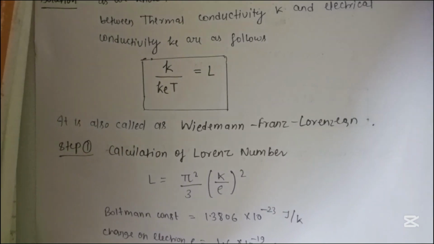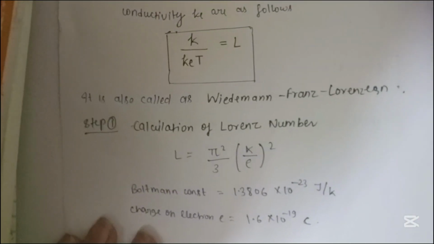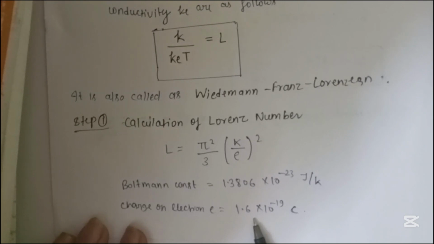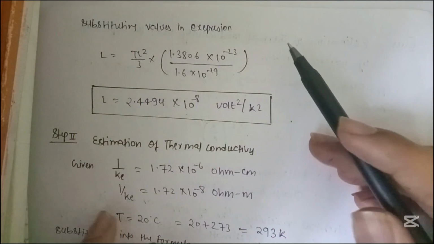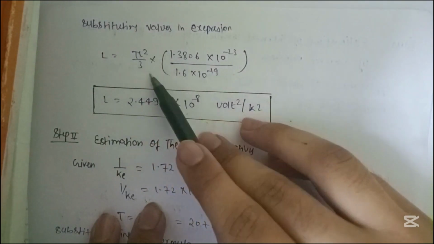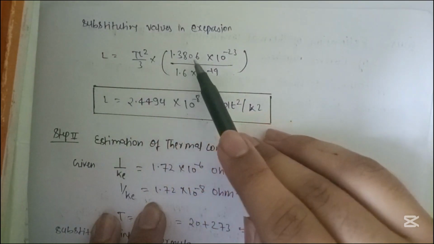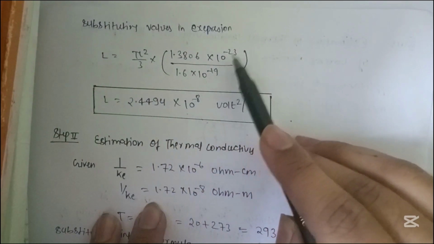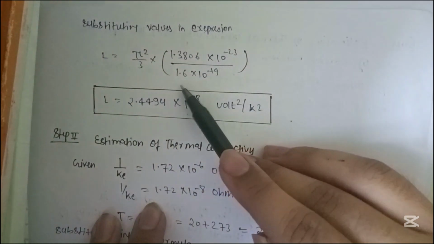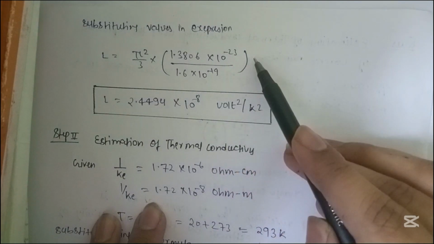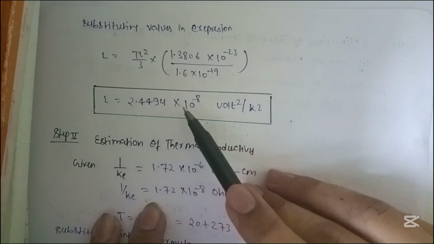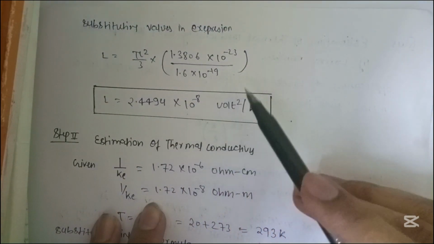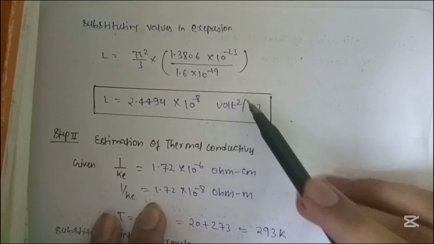And we also know the charge on the electron, 1.6 into 10 to the power minus 19 coulomb. Substitute all values in the expression of Lorentz number. So L equal to pi square by 3 into 1.3806 into 10 to the power minus 23 upon 1.6 into 10 to the power minus 19, and we have calculated Lorentz number as 2.4494 into 10 to the power minus 8. Its unit is volt square per Kelvin square.